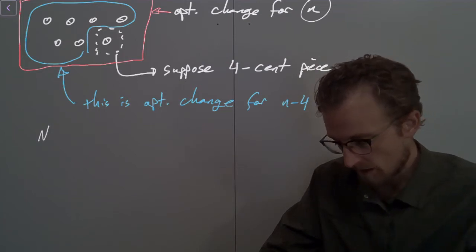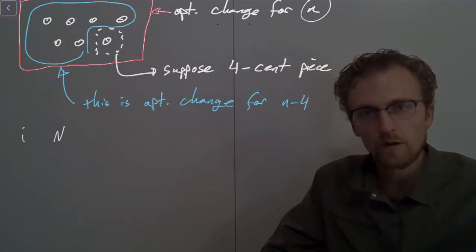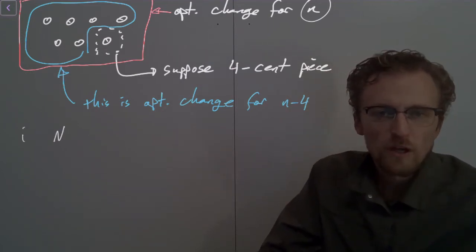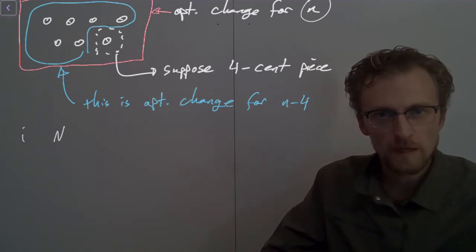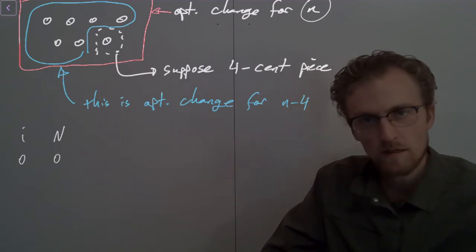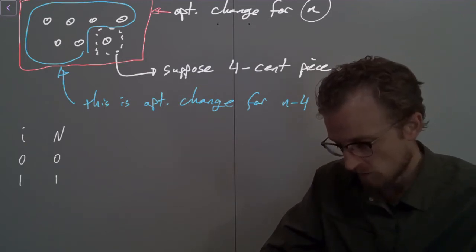And let's see, for each change amount, we'll fill into the array the optimal number of coins that it takes to make change for that amount. So for i equals 0, it obviously takes 0 coins. For i equals 1, it takes 1 coin, and then so on.